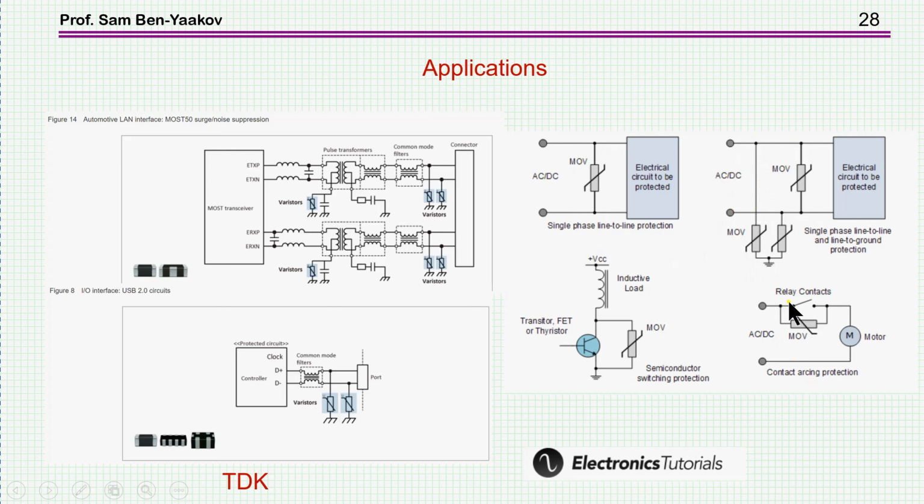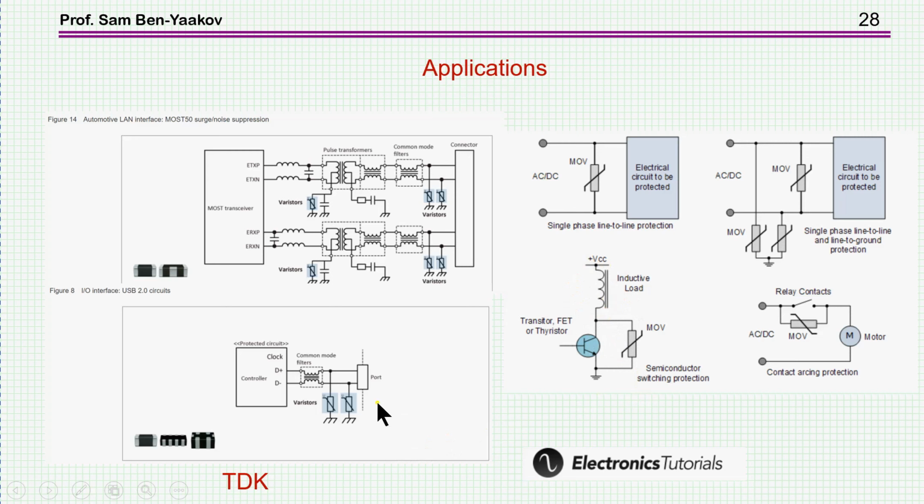Could be to arrest the spikes of a relay connected to an inductive load. Without protection, of course, you'll have here spiking. That could damage, in fact, the contacts here. And then we can use it for over voltage protection of a transistor in case of say a relay. This could actually be put here also.